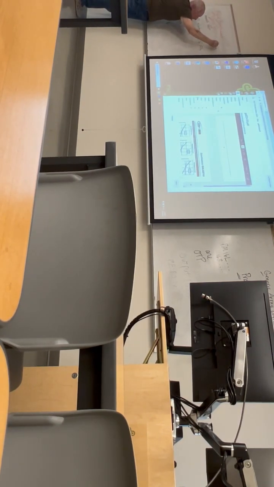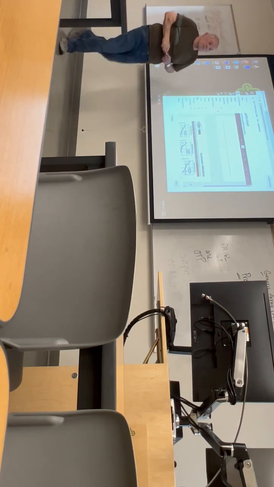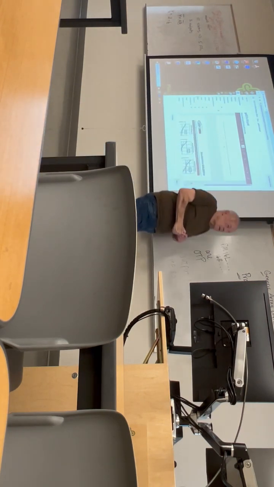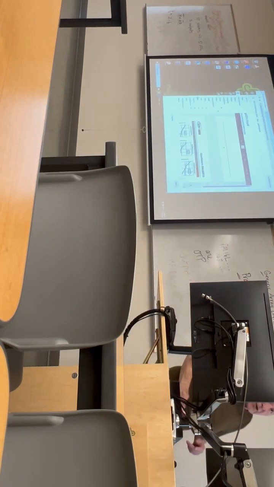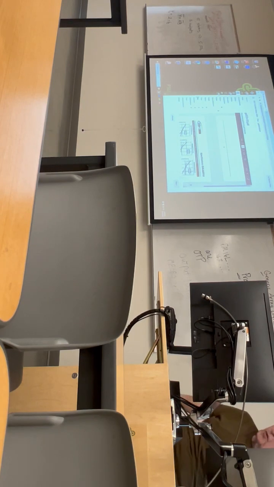FPGA. This is the reigning champion of programmable logic devices.